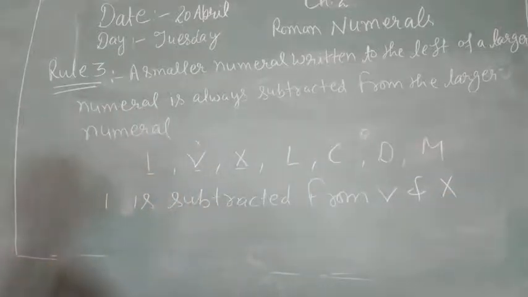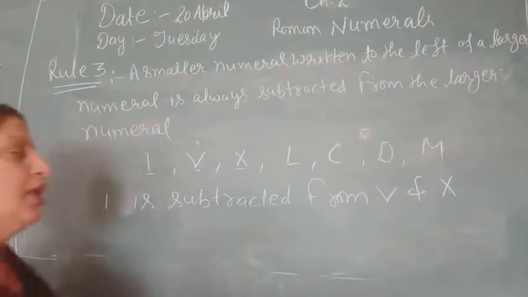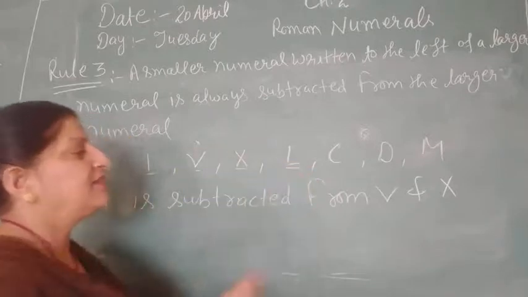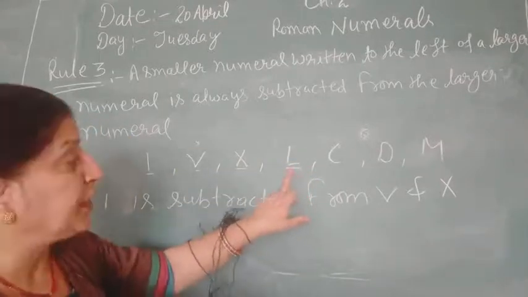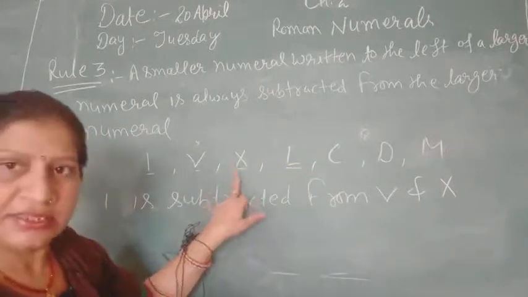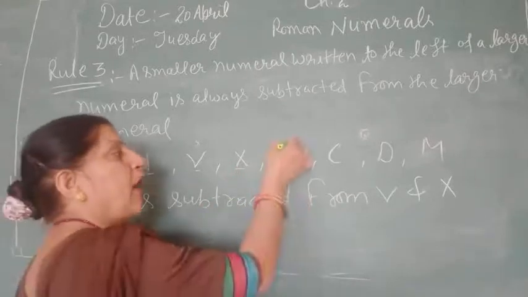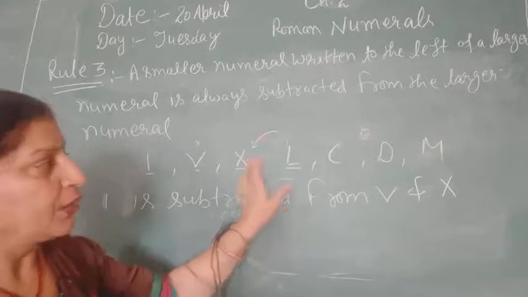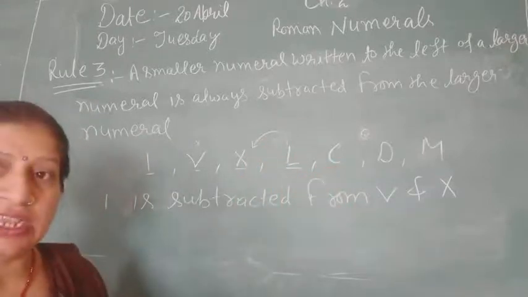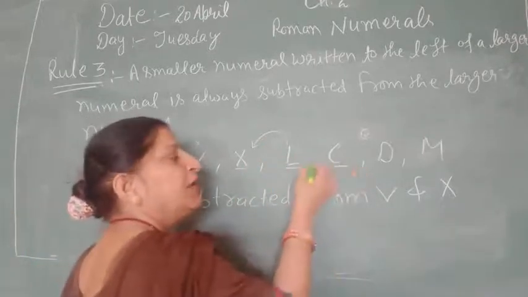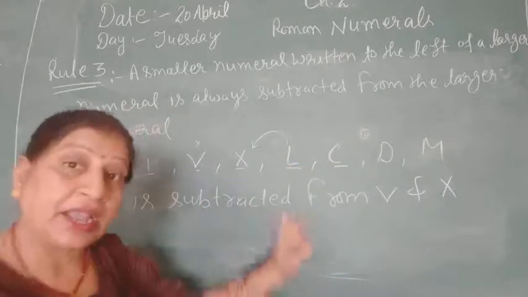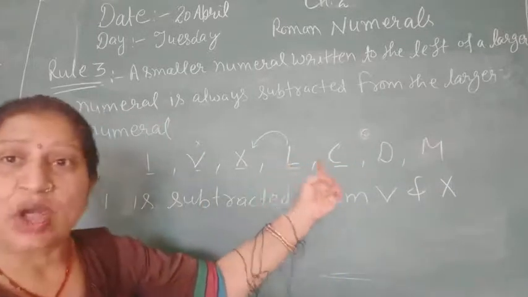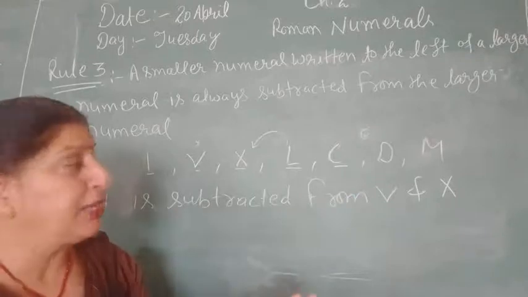Now we check our next number. Our next number is L and it is nearby X. So from L we subtract X. Clear? Now the next number is C and it is nearby L, but again L is not subtracted from any number.